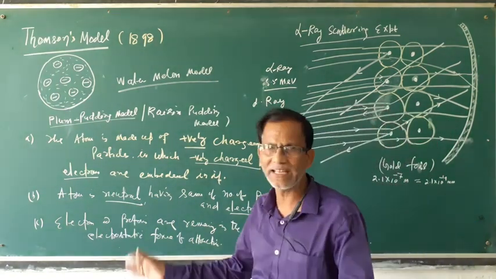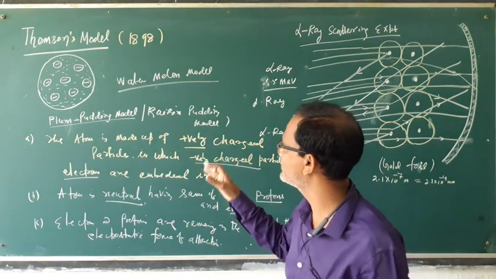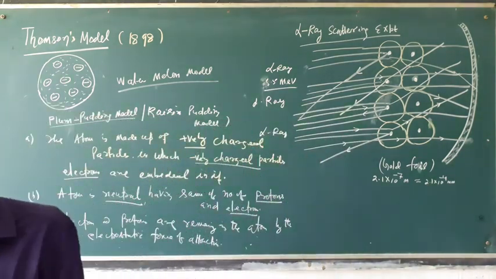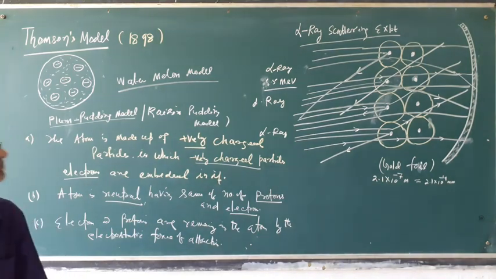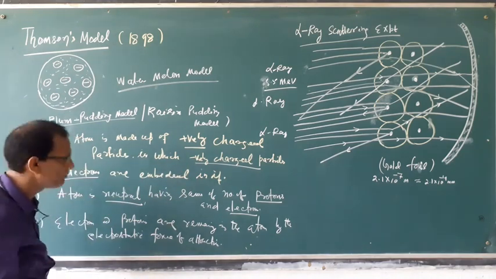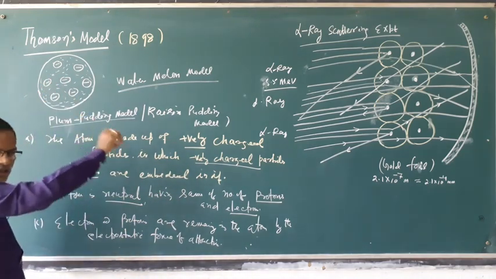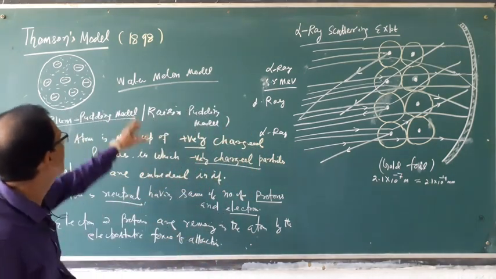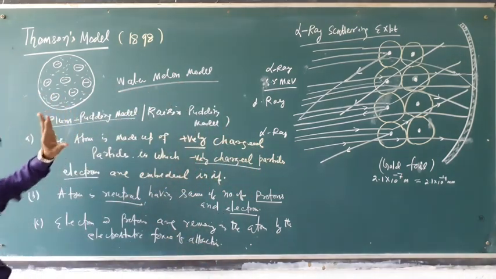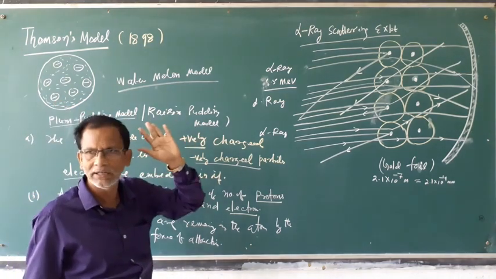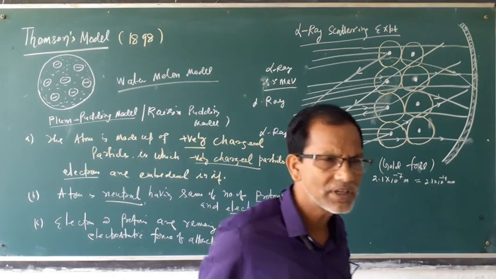The dry fruits behave as electrons, and the whole cake is just like the atom. The atom is mainly made of a positive charge sphere in which electrons are embedded. So it has different names.